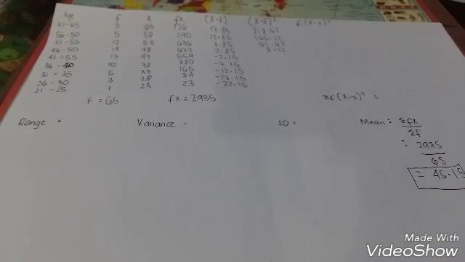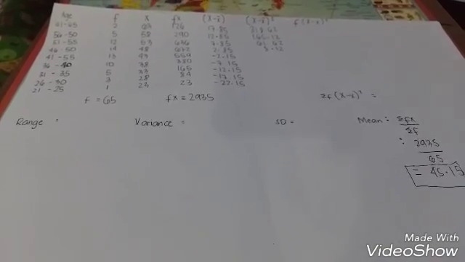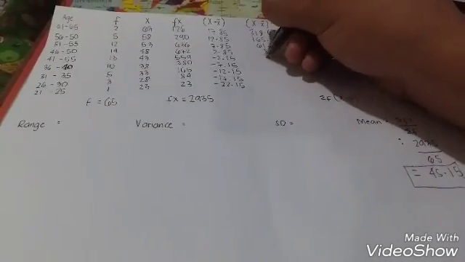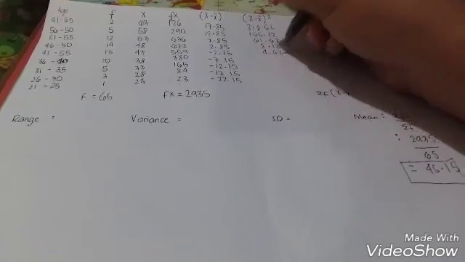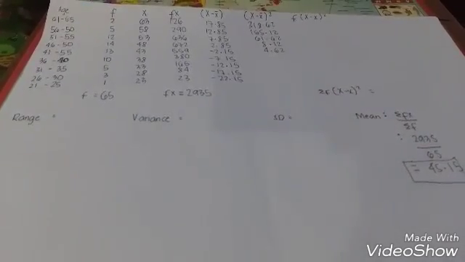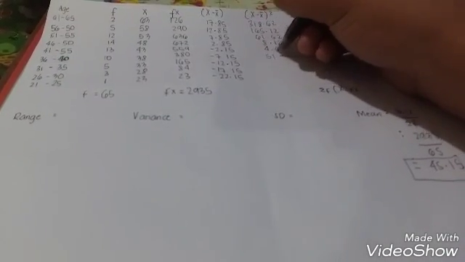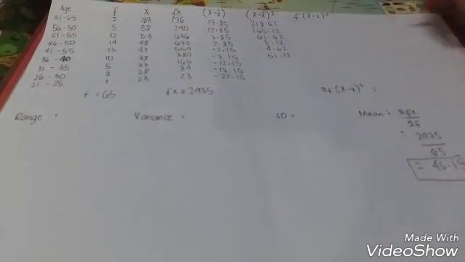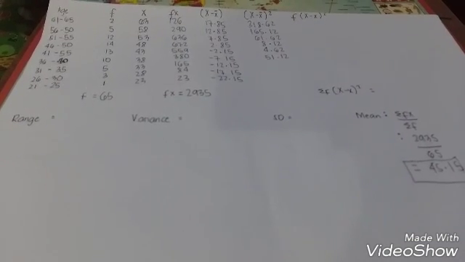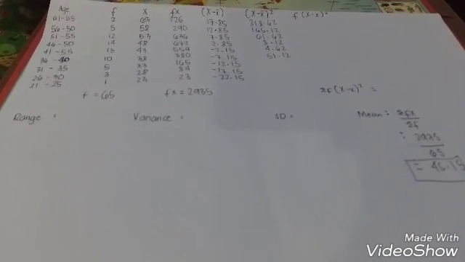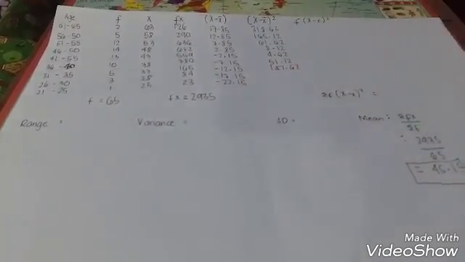Negative 2.15 squared is 4.62. Negative 7.15 squared is 51.12. Negative 12.15 squared is 147.62.